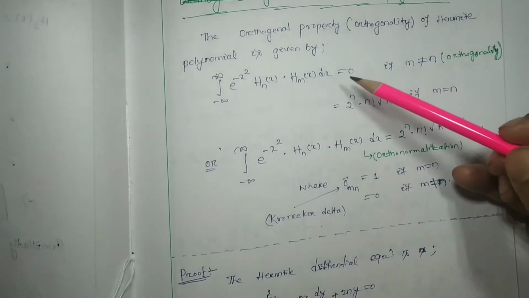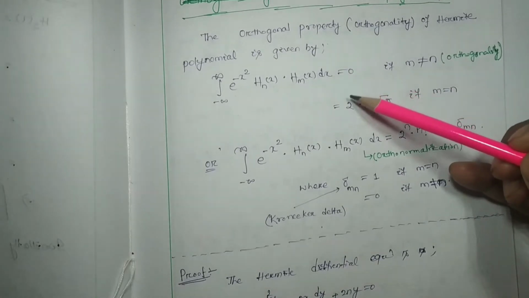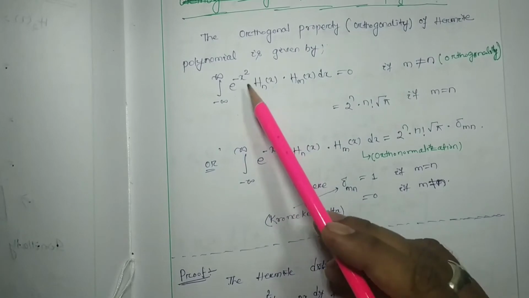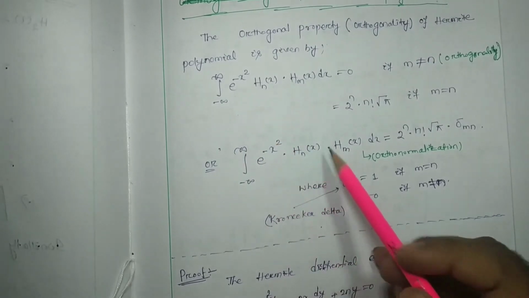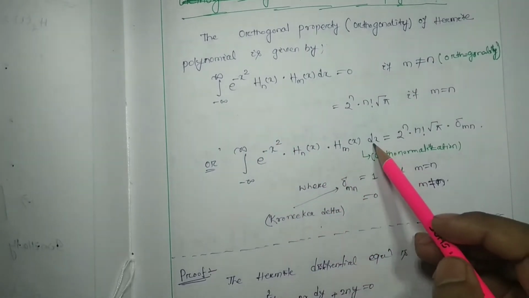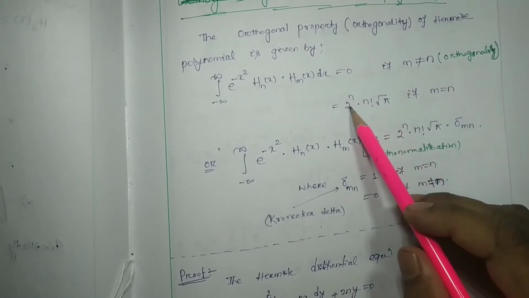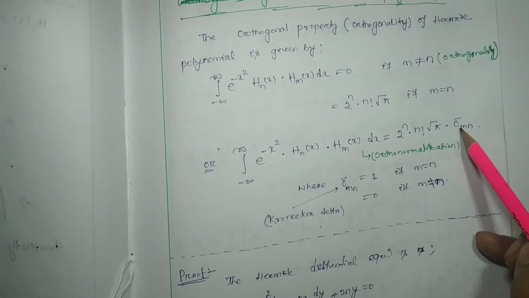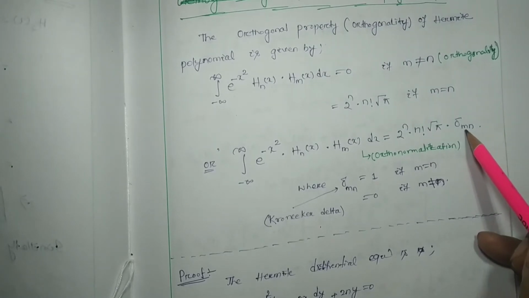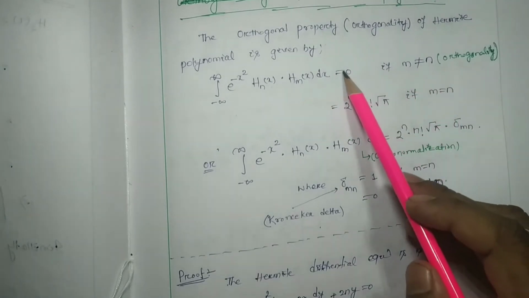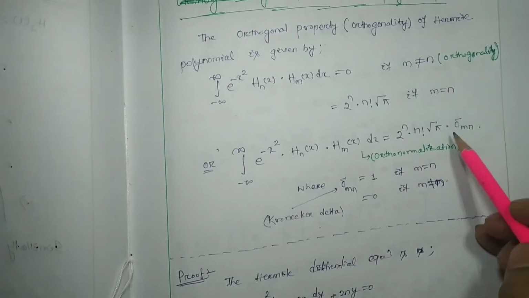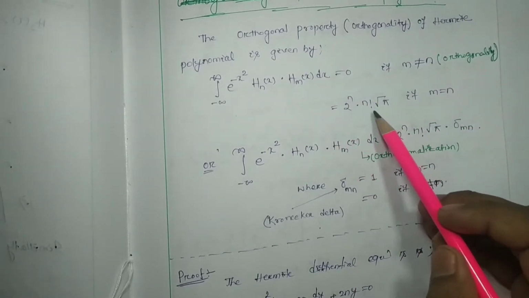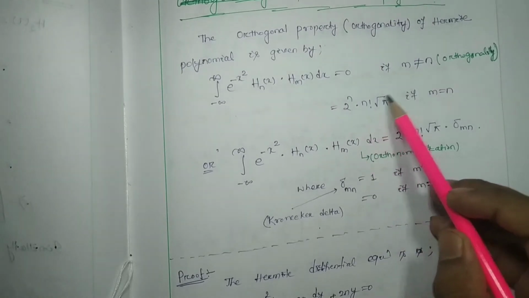So by considering both at a time, we can write the integral from minus infinity to plus infinity of e to the power minus x square H_n(x) into H_m(x) dx is equal to 2 to the power n into n factorial root pi into Kronecker delta mn. So here if m not equal to n, then it will be 0. If m equal to n, then this value will be 1, and we get 2 to the power n into n factorial into root pi.